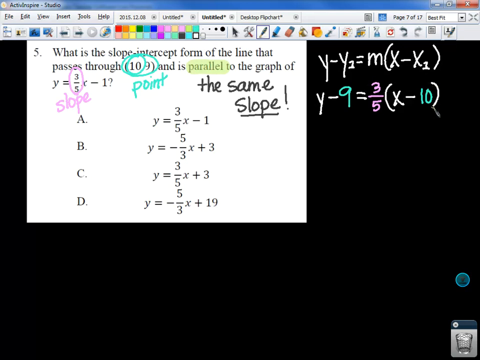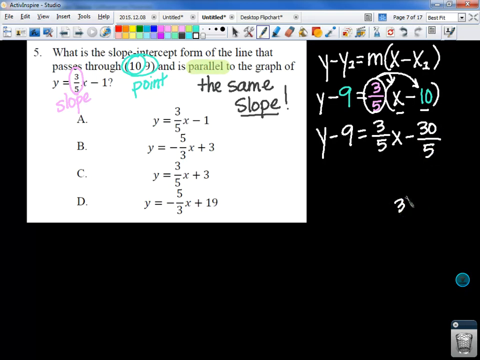Okay, I'm going to distribute my 3/5 to the x and to the 10, because distribute means multiply to every single term inside the parentheses. So y minus 9 equals 3/5 x minus 30/5.